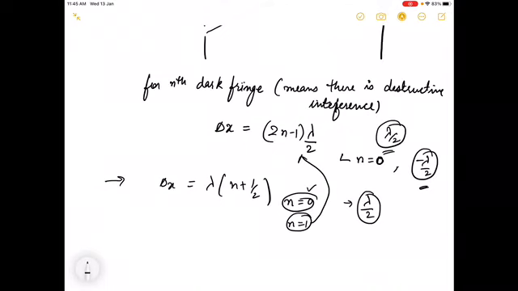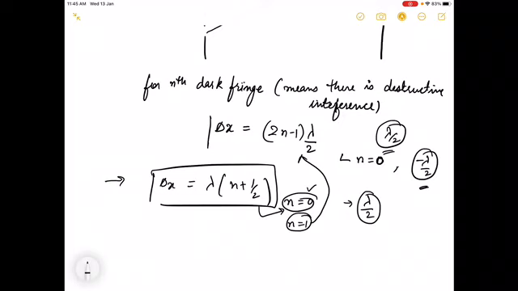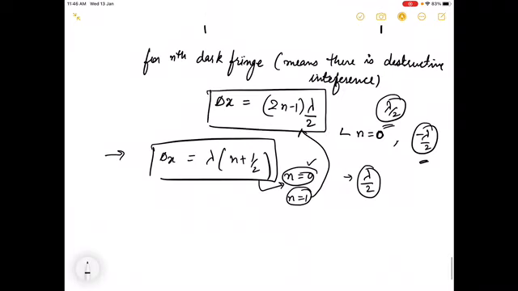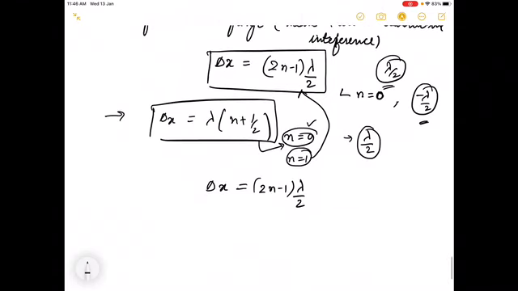The difference here is, if you are using this term, this is the term in which your first term will start with 0, but this is a term in which your first term is going to start with 1, right? So for destructive interference, we have to take our del x to be (2n minus 1) lambda by 2, right? I hope everybody agrees with that, right? Okay, so if that is true, all you have to do now is put the value in the previous one, right?